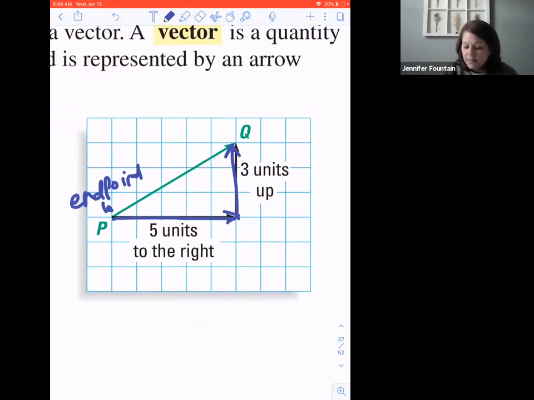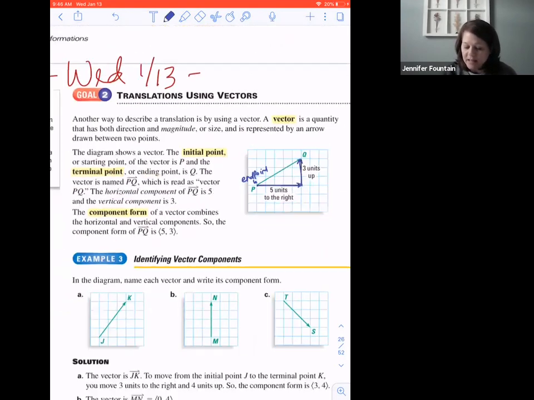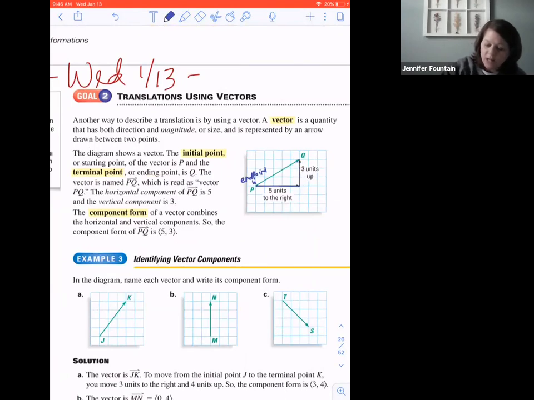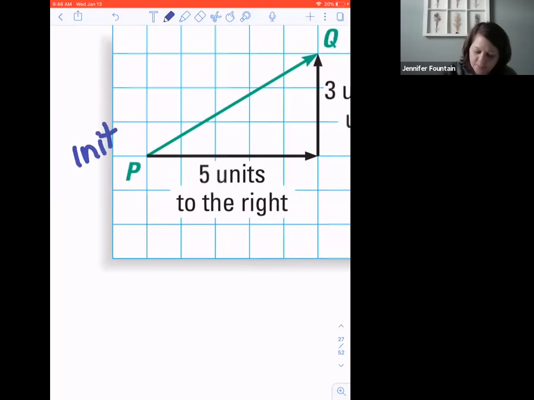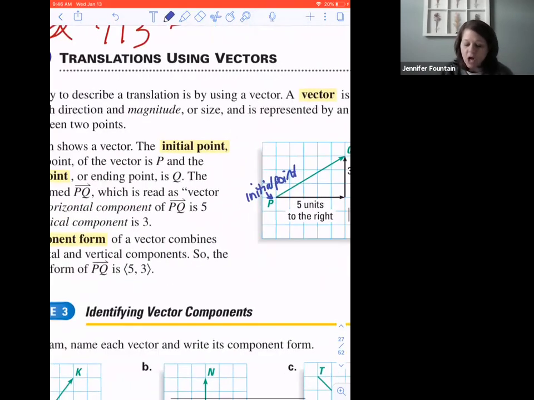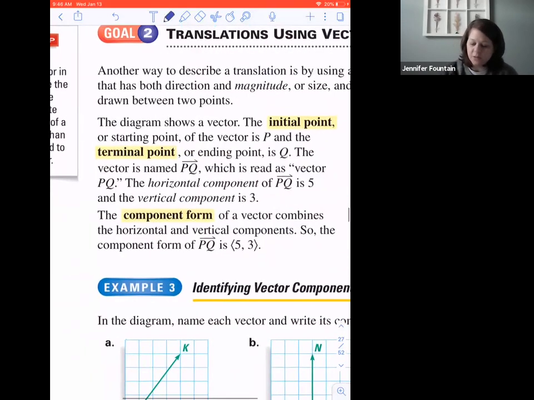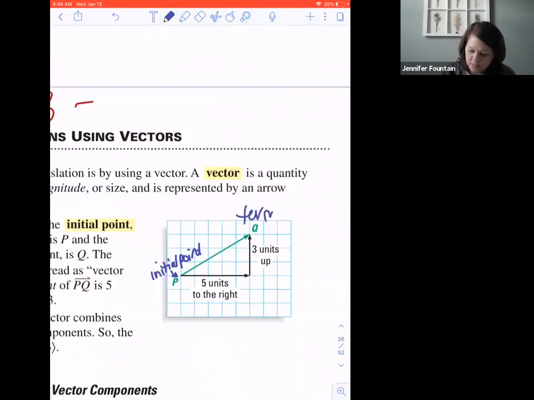Basically when I'm looking at a vector, I've got my initial point. With a ray, we call it an endpoint. So here we're calling it an initial point. And then we call it a terminal point at the other end. So the side with the arrow is called the terminal point.